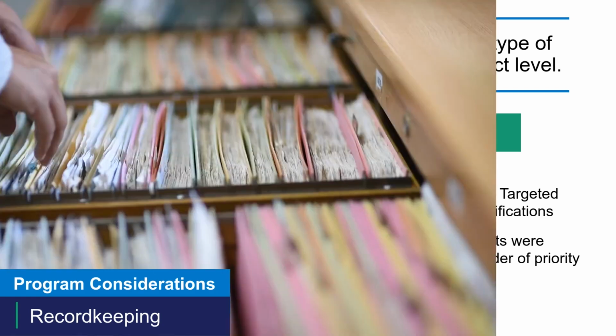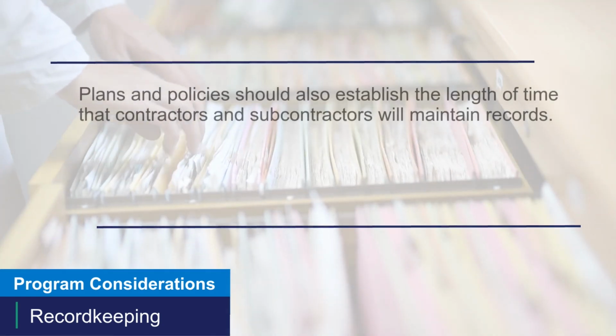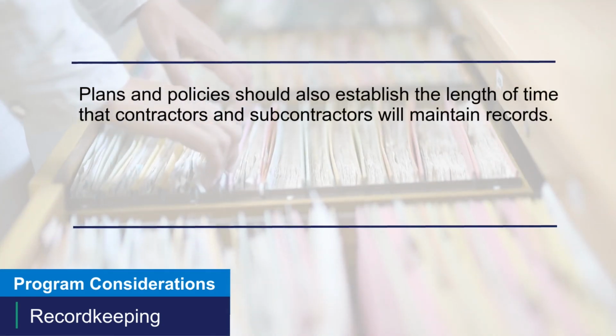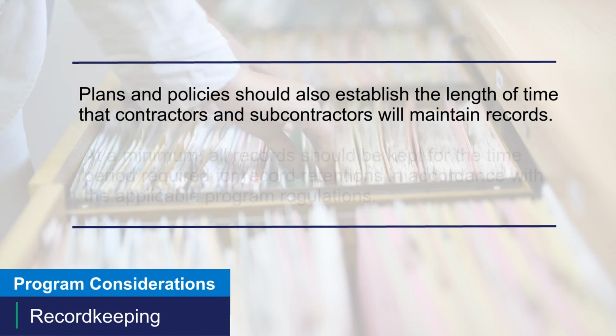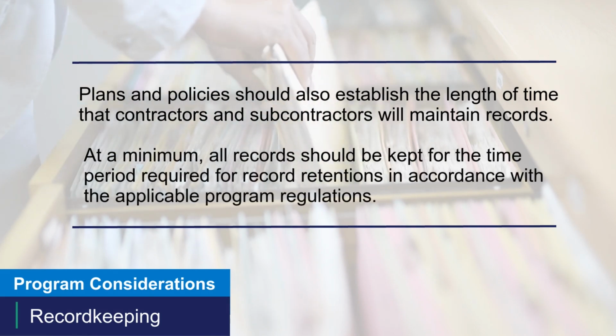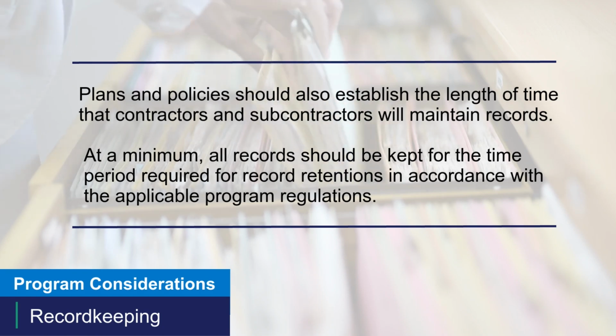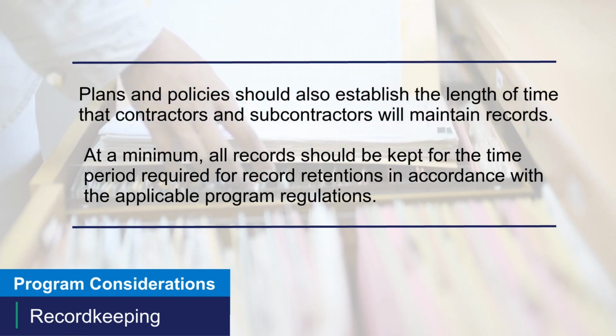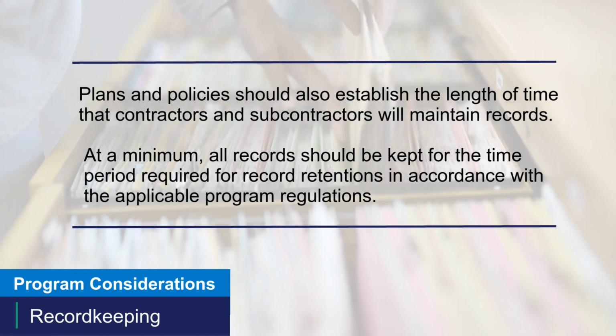Plans and policies should also establish the length of time that contractors and subcontractors will maintain records. At a minimum, all records should be kept for the time period required for record retentions in accordance with the applicable program regulations.